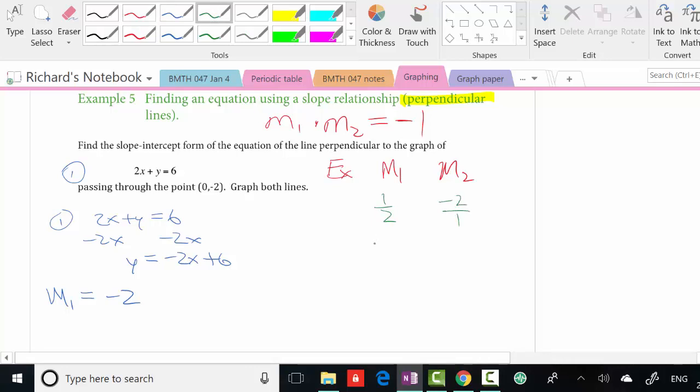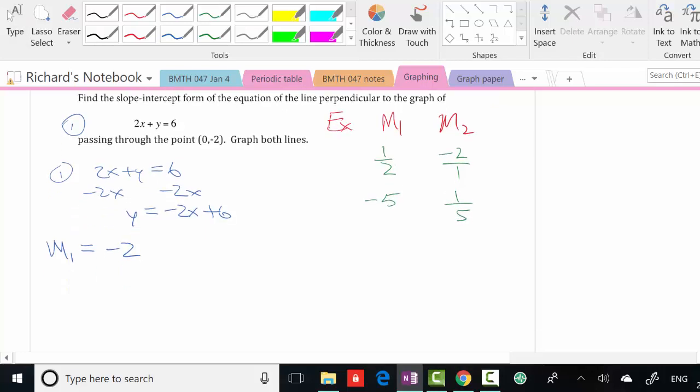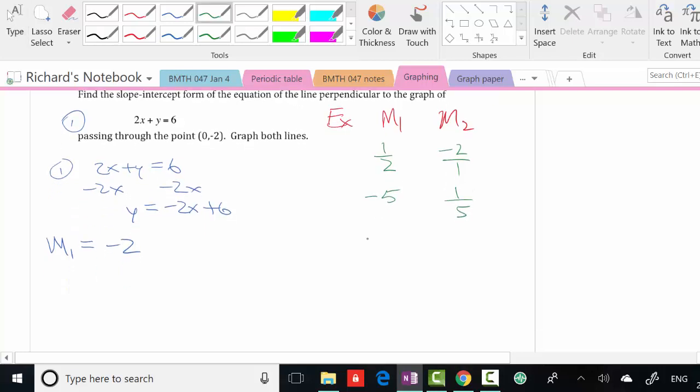If the first slope is minus 5, the other slope will be plus 1/5. If one slope is minus 1/3, the other slope will be plus 3 over 1. If you have a slope of 2/3 for your first line, the other line will have a slope of minus 3/2.